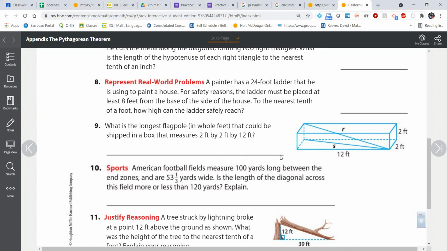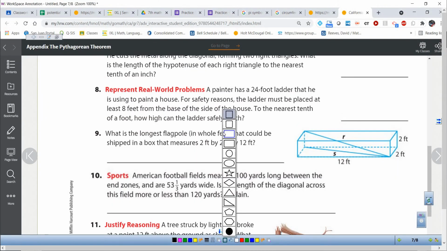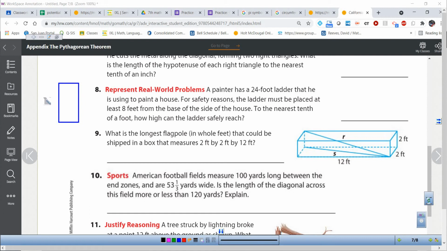All right, a painter has a 24-foot ladder that he is using to paint a house. It must be placed at least 8 feet from the base of the house. All right, so I'm going to go ahead and make a rectangle again. So over here is my house.